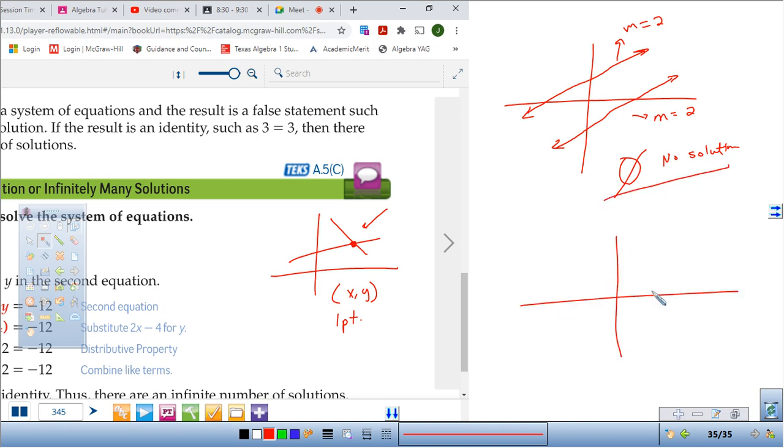Now, come on here. What if you have it on the XY coordinate grid that they give you one line, right? And we'll go line 1, and it gives you that. And then they give you another line, line 2, but it happens to be the exact same line. I'm trying to draw it right on top of it. So now it looks like that.